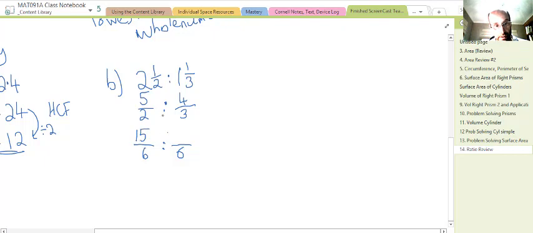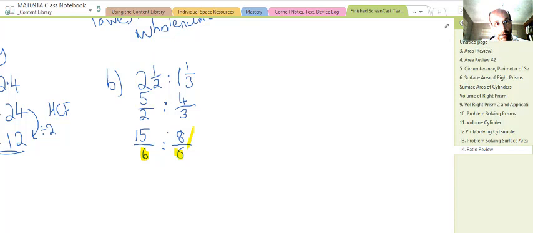So 5 over 2 is equivalent to 15 on 6. To go from 3 to 6, we have to multiply by 2 on the denominator, and we have to multiply by 2 on the numerator on the top, and 4 by 2 is 8. So we have both of them over 6 now, which is good because we're comparing things that are the same.